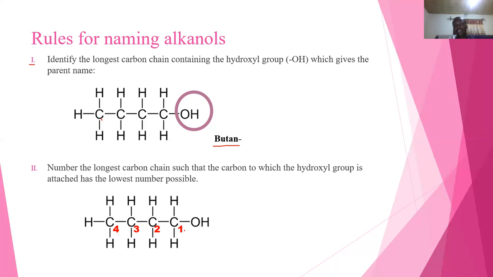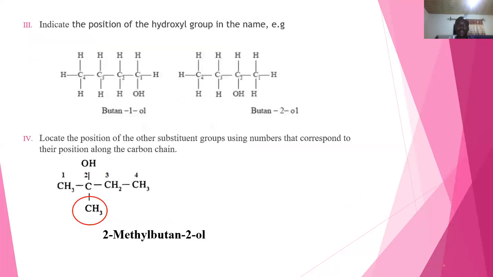But if we begin from the other side, it will be on the 1st carbon atom. So we begin from where the hydroxyl is attached, because if you compare 1 and 4, 1 is lower than 4. So we begin from this side, count 1, 2, 3, 4, like that.